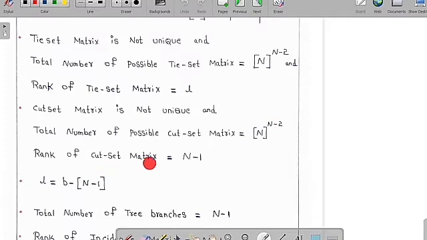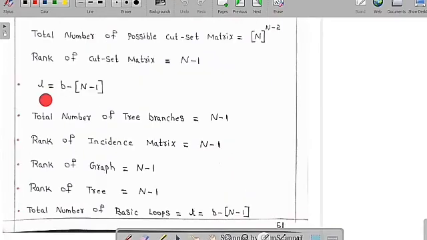The rank of the Cascade matrix is equal to n minus 1, because the rank is equal to the number of rows present in the Cascade matrix, which is equal to the number of nodes minus 1, whereas the rank of the Dissect matrix is equal to the number of links, L.